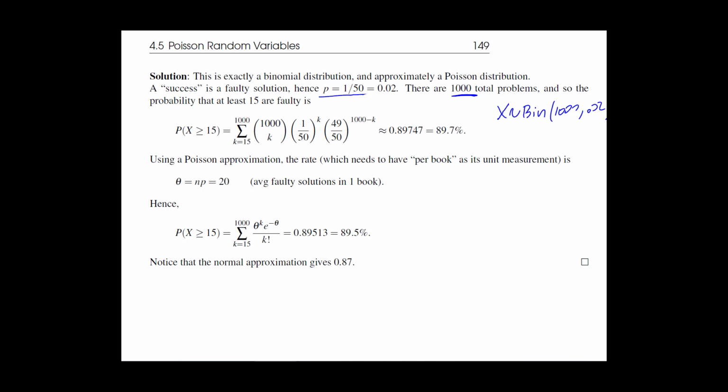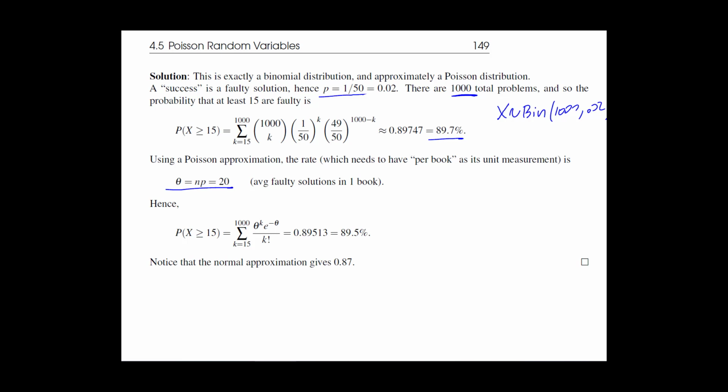So, yeah, the problem statement said to use a numerical method, well, from Wolfram Alpha or even your calculator, right? Because you don't want to do this summation by hand. All right, that's the exact answer. Now, let's do the Poisson approximation, right? Because we know when n is large and p is small, we can use Poisson as an approximation to the binomial. The thing is, we need to use the good parameter, n times p, right?